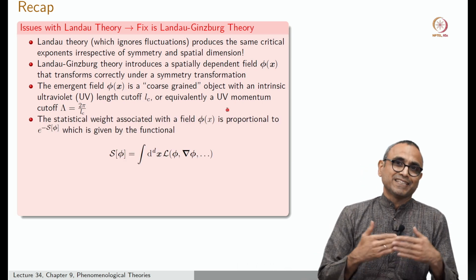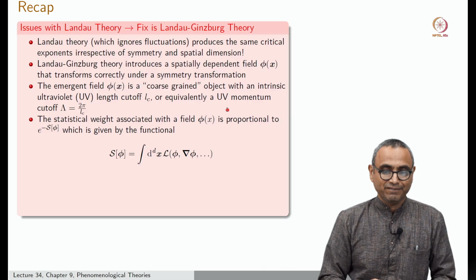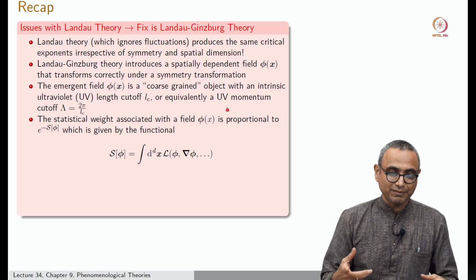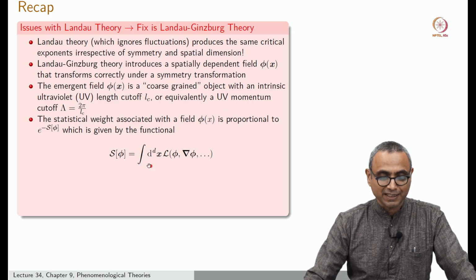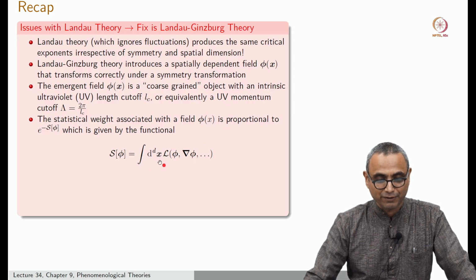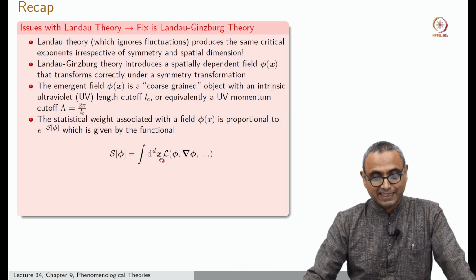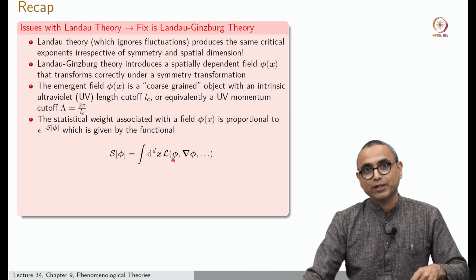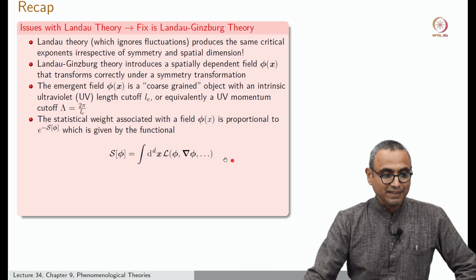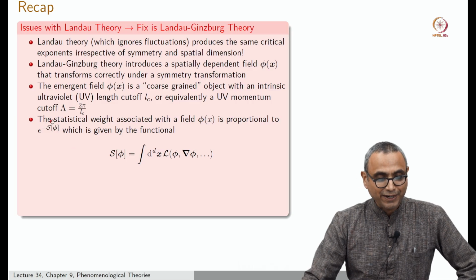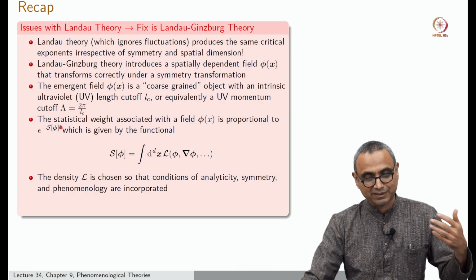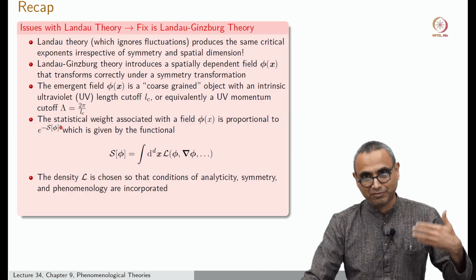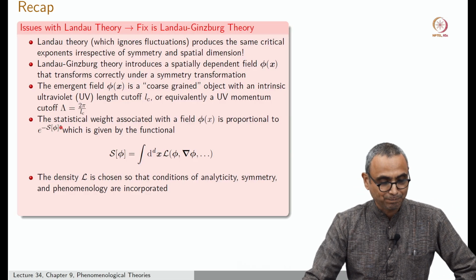So associated with each field phi, we came up with some functional which describes its energetics, and this functional itself is an integral of some kind of density, and this density depends on the value of the field at the point, its gradients, etc. And the statistical weight is proportional to e to the minus the functional, and so the partition function was written as a functional integral.